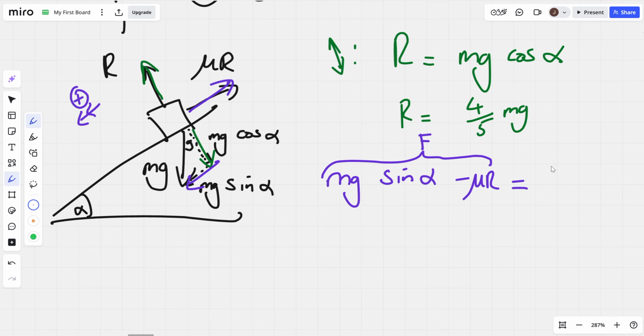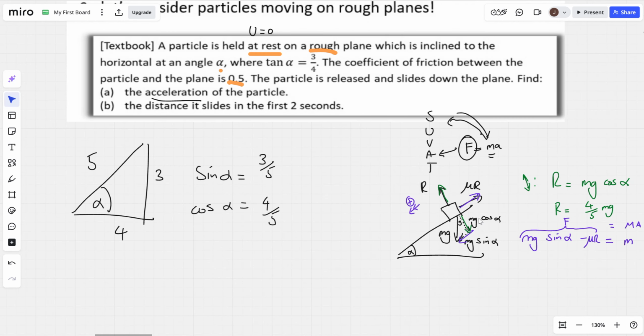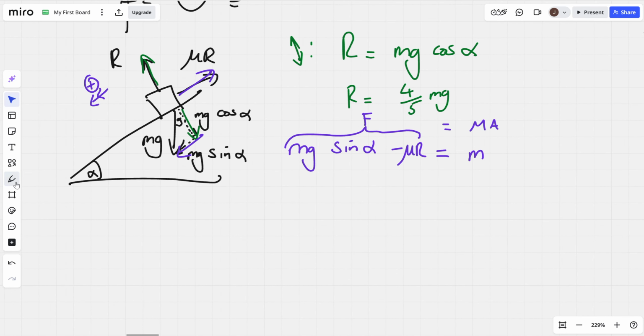This is the F in F equals ma. So m is unknown. We've just been calling it little m. And a is what we're working out. Find the acceleration. So that's just a. This will happen in lots of questions, okay? The perpendicular won't do much very interesting, and you'll be working with the parallel. So forces down the slope take away forces acting up the slope. That's pretty much the way to do it.